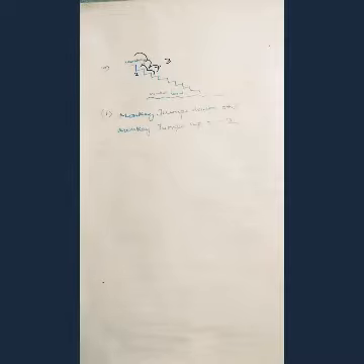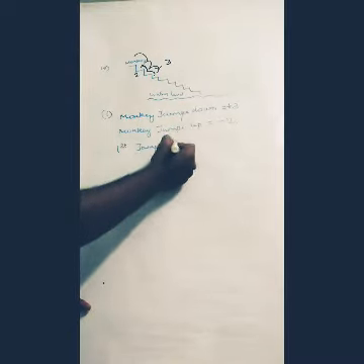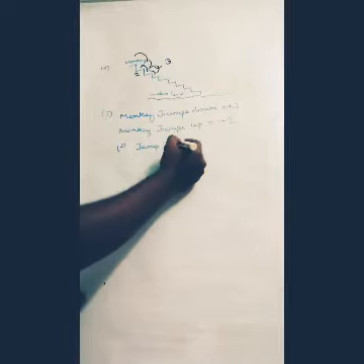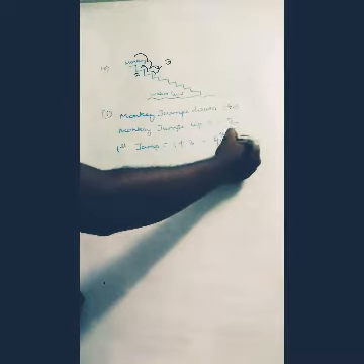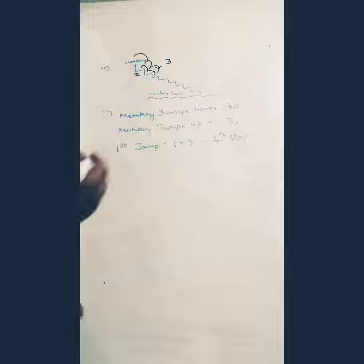So the question is in how many jumps the monkey will reach the water level, they are asking. So in first jump, actually he is from step 1, he is jumping 3 steps, right? So which is plus 3. So he will reach 4th step. In the first jump, the monkey is reaching the 4th step. Then second jump.